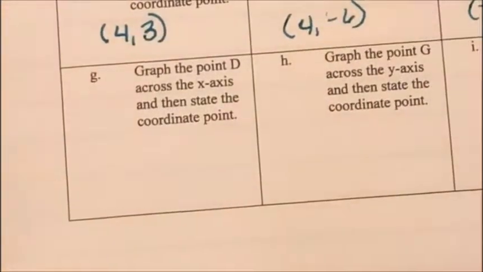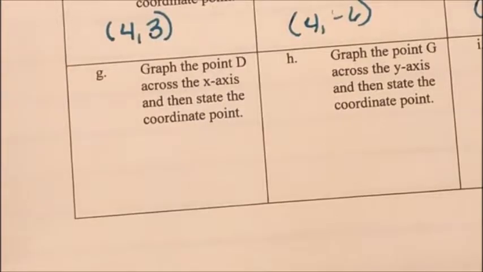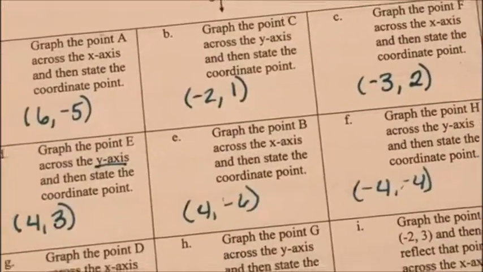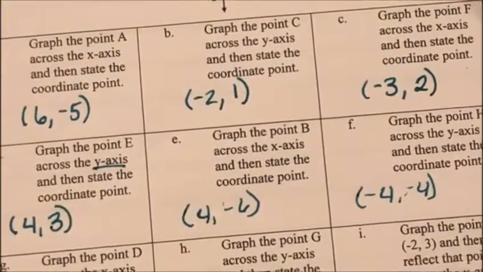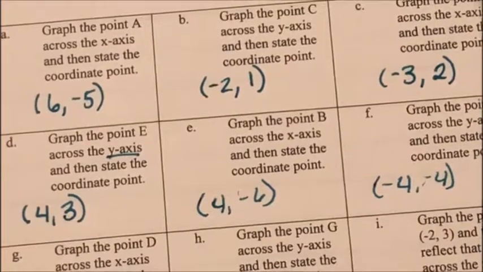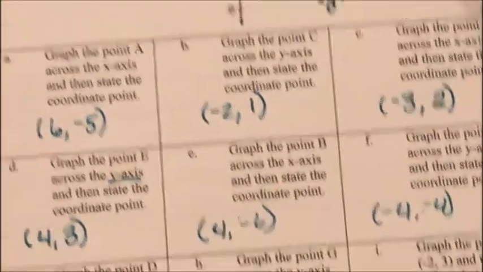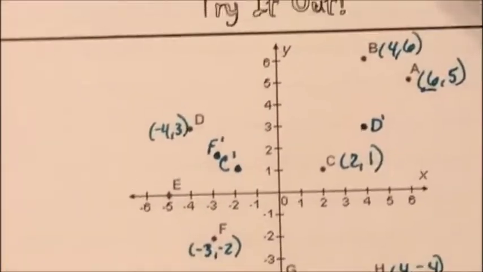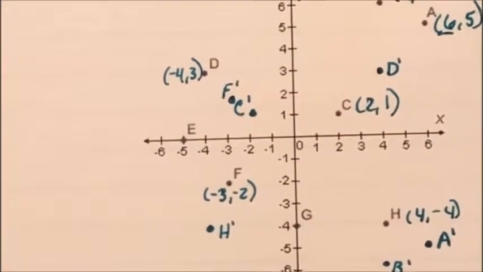G, graph the point D across the x-axis, then state the coordinate point. Okay, so there's letter D, -4, 3.